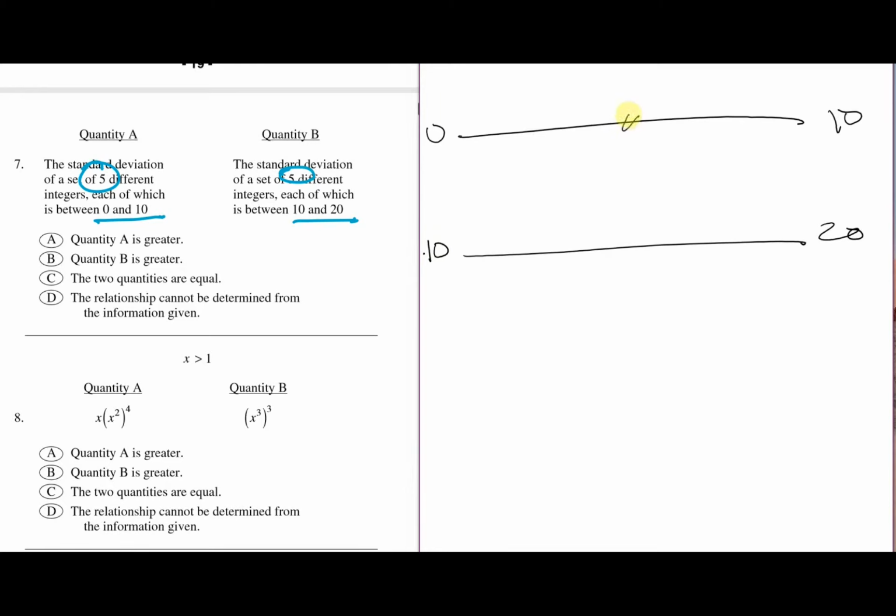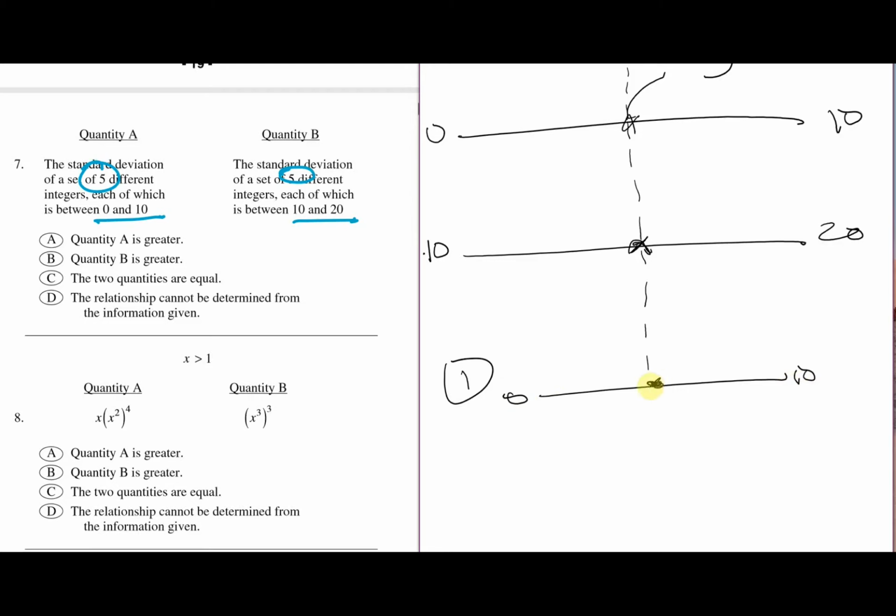So the mean is always going to be the midpoint, the average. And we draw a line at the midpoint. Now, the standard deviation represents a distance relative to the mean. So the distance of each of the 5 different integers relative to the mean. So let's say we take scenario 1. We're going to draw 0 to 10.